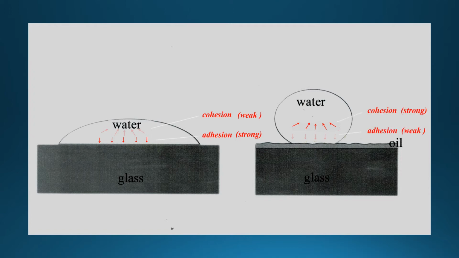Now, this time, water doesn't like oil. Adhesion force is weak, and the cohesion force is stronger. Water loves water. Why does water love water? Hydrogen bond between water molecules. Remember? That's why.